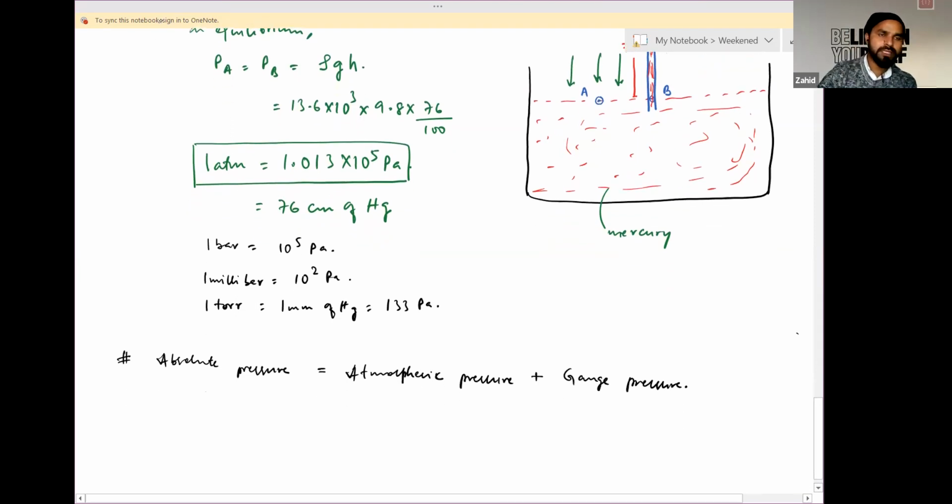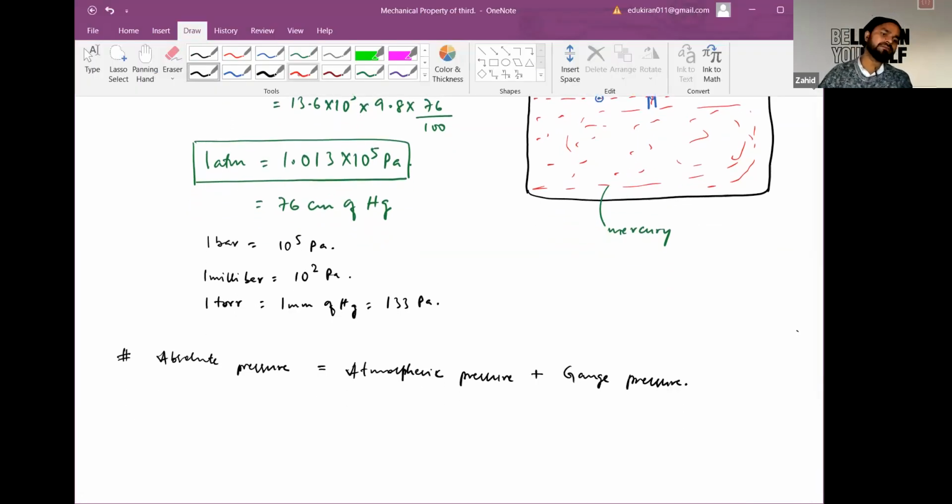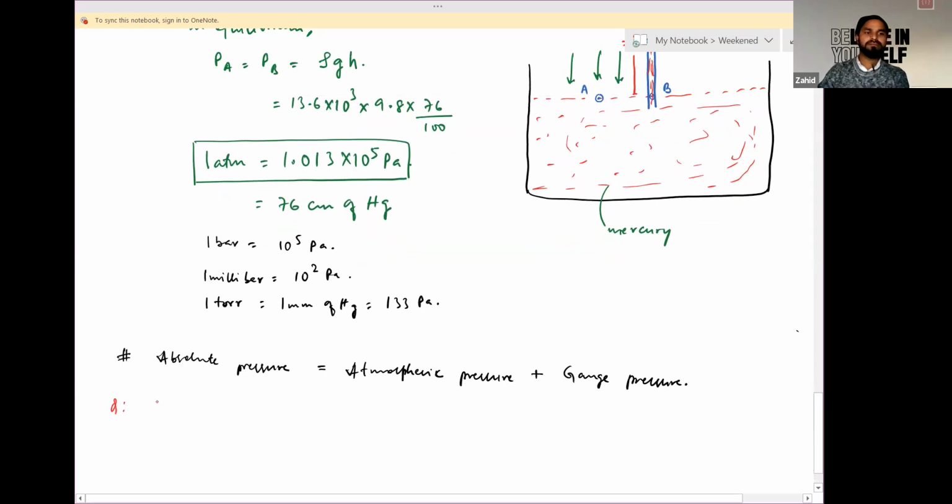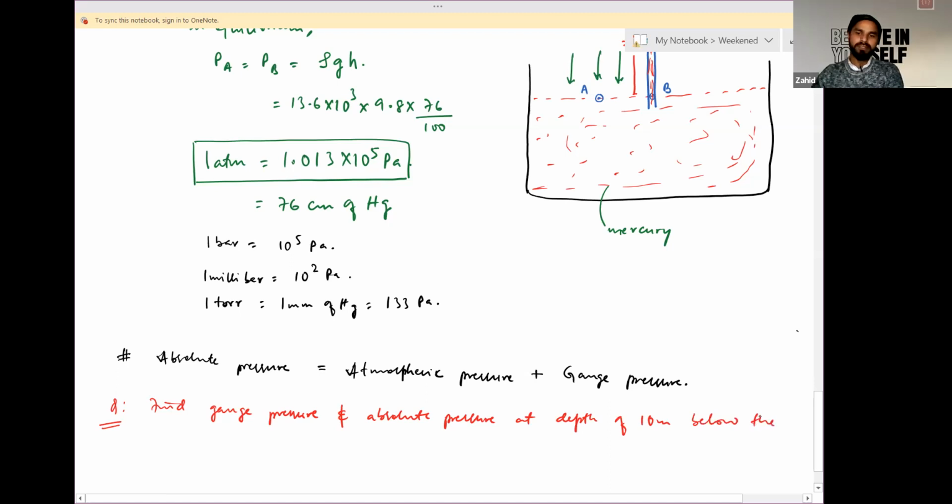Let me give you a question related to this. Find gauge pressure and absolute pressure at depth of 10 meters below the surface of ocean.